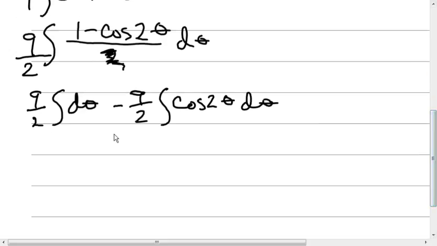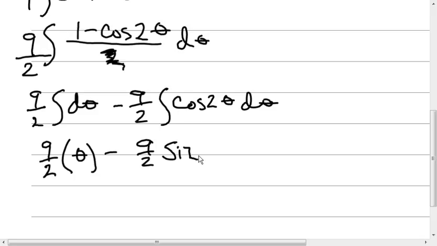And now this is going to be pretty easy to integrate. We get 9 halves times theta minus 9 halves times the integral of cosine 2 theta, which would be sine 2 theta divided by 2, plus c.